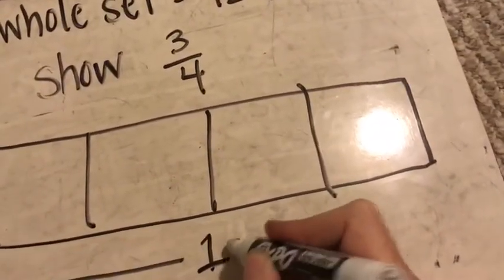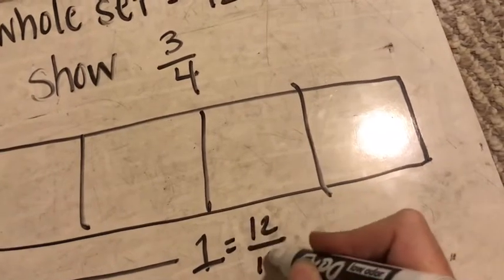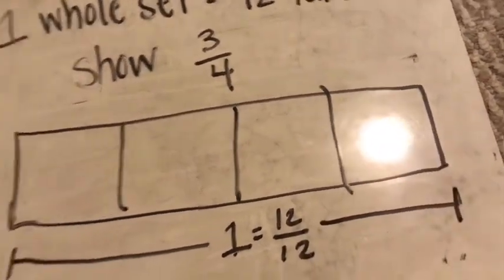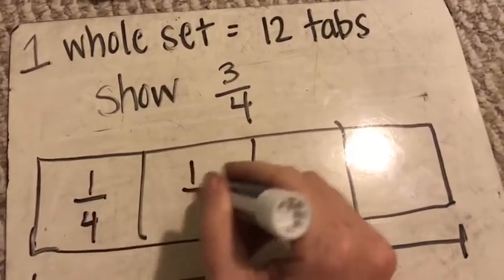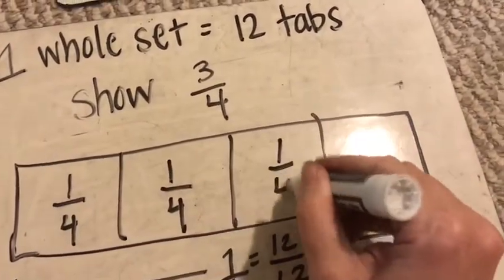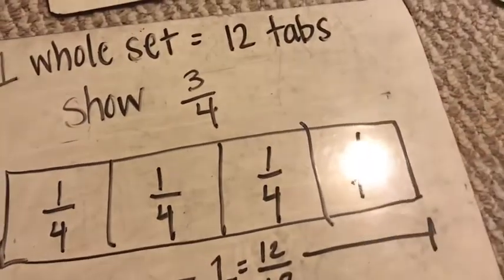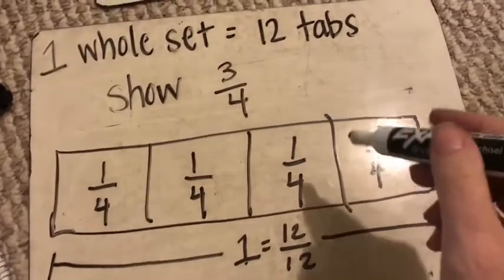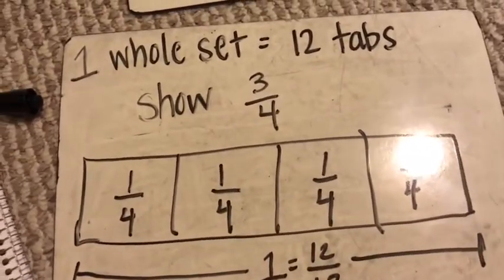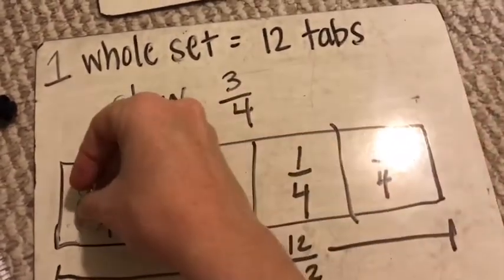One whole set, remember, is 12 twelfths because I have 12 tabs in my set, into fourths, or 4 equal parts. So this bar model shows 4 equal parts. Each of those parts is 1/4. And I need to show 3 of the fourths. Well, let me get my tabs split up into fourths real quick.